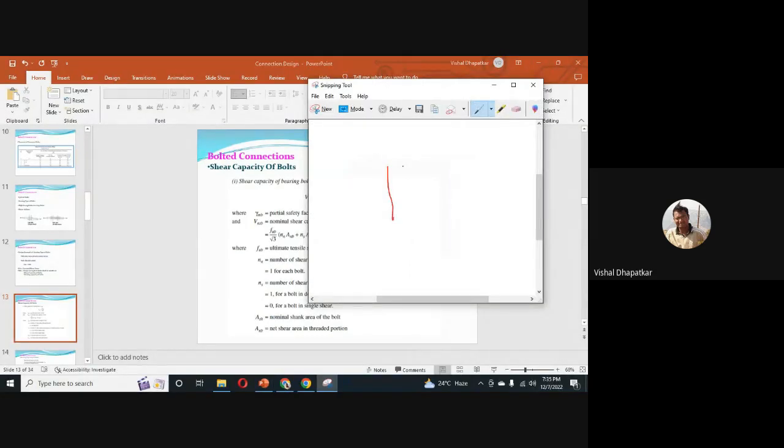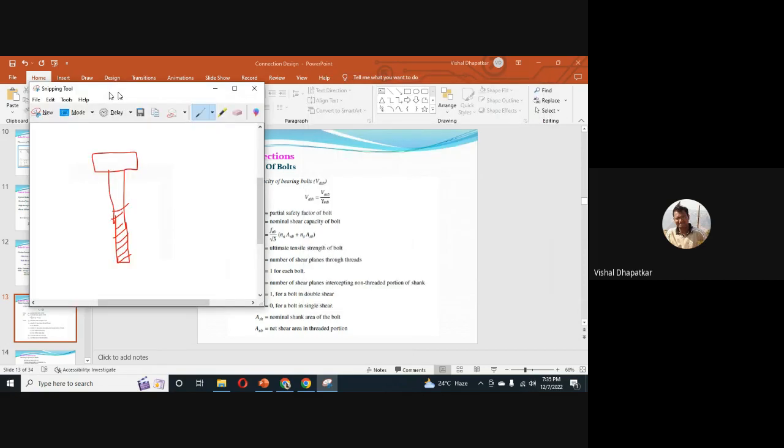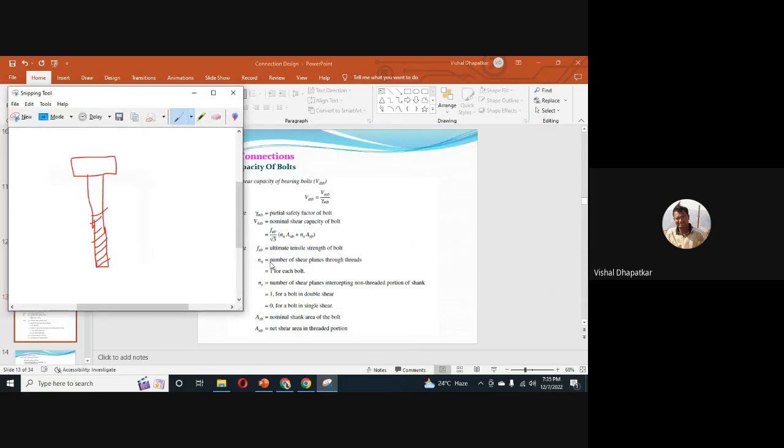So if this is my bolt, it will have some threads like this up to this level. So what is this nN? nN is the number of shear planes through threads.